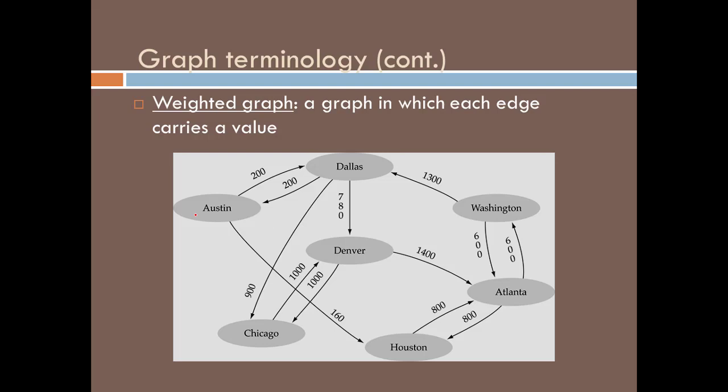The one I can do for you: Austin is adjacent to Houston, Houston is adjacent from Austin. Similarly, you have to do it for the rest of the nodes. We will continue from this point onward. Meanwhile, you can get an idea of graphs, their terminologies, their weights and so on.